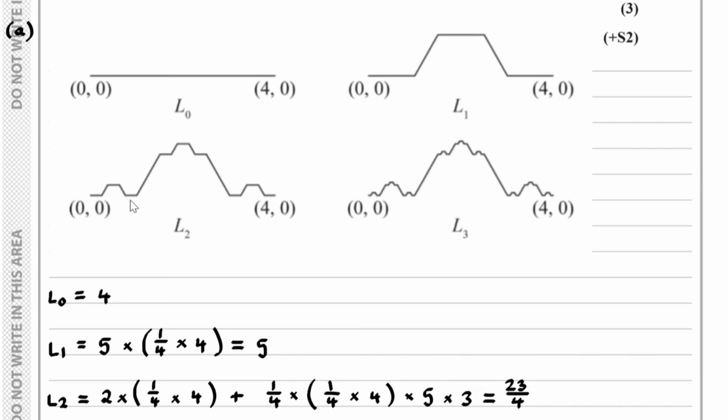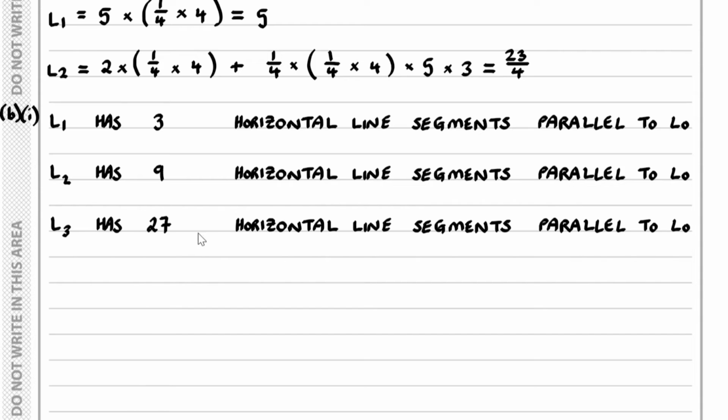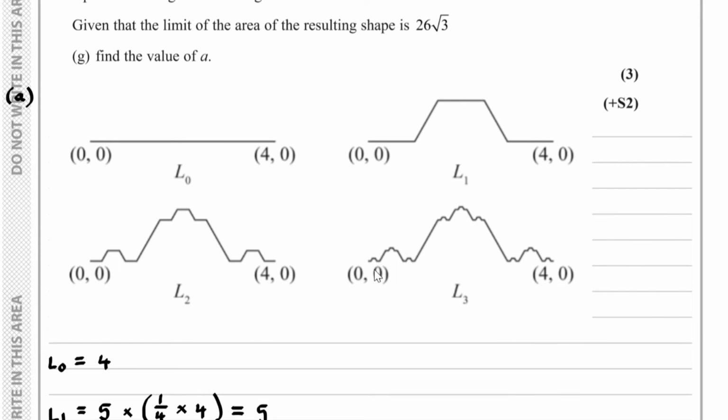We've got 1, 2, 3, 4, 5, 6, 7, 8, 9. L3 has 27 horizontal line segments parallel to L0. So we've got 3, 6, 9, 12, 15, 18, 21, 24, and 27.